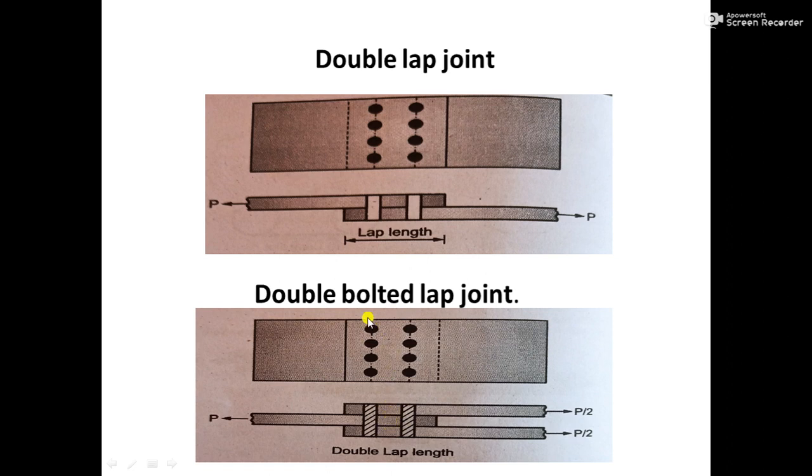Such type of connection is known as double bolted lap joint. Here this plate carries a load P, and these two plates on this side carry half the load each, combining to carry total load P, so that this connection is in equilibrium condition.